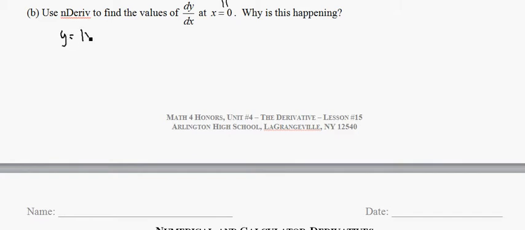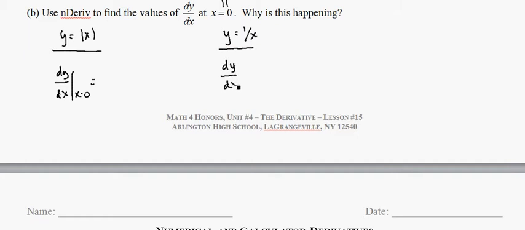Y equals absolute value of x and dy dx at x equals 0, and y equals 1 over x. Let's see what the calculator tells us there for dy dx when x is 0. Again, if the calculator was smart, it would say in both situations that the derivative doesn't exist. But it's just not that intelligent. So pause the video for a second and see what your calculator gives you for these derivatives.